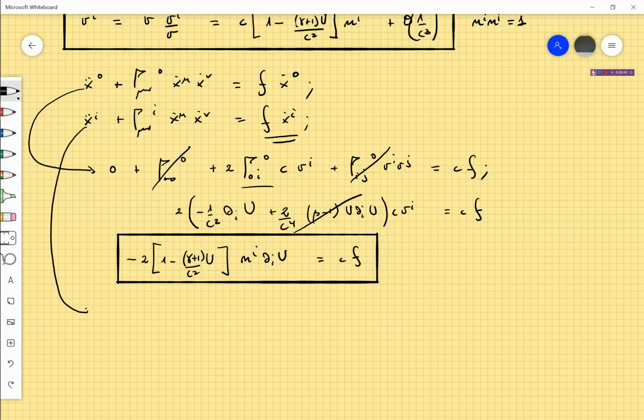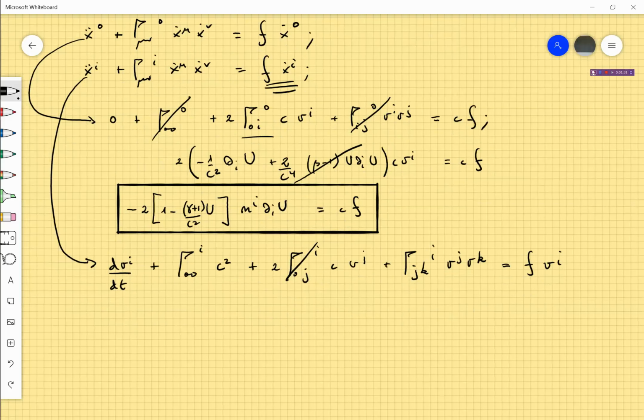This equation becomes an equation for the derivative of v^i, and then we expand this as usual. We have x dot 0 squared, which is c squared, plus 2 times gamma 0 j i x dot i, which is c, but who cares, because we know that this component of the connection is 0, and then we have gamma j k i v^j v^k, and this is equal to f v^i.